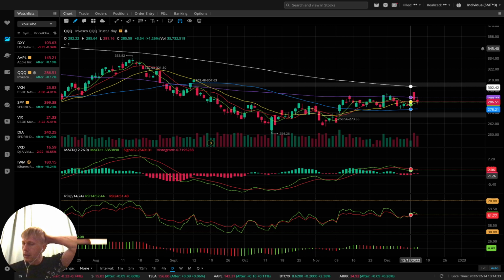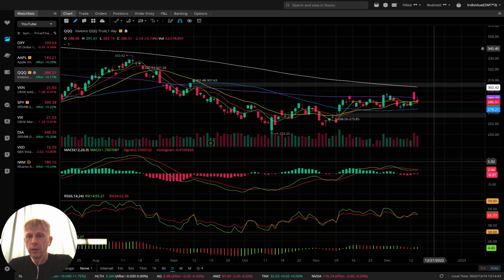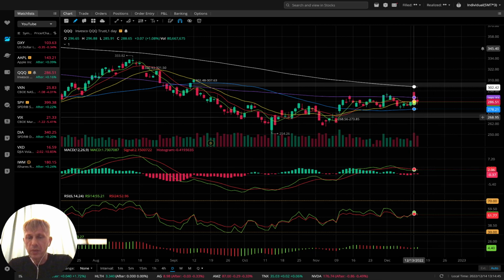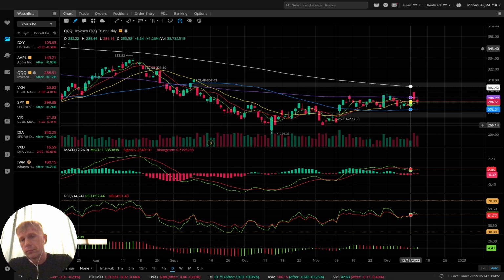Qs on daily, they still want to go down. Nasdaq wants to go down. It will continue to go down. I am expecting it will continue to go down at least to close this gap and touch the recent low.